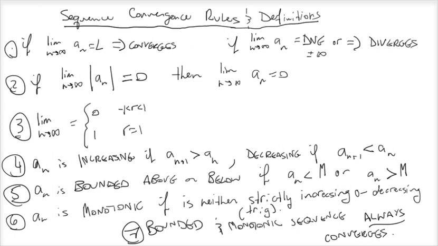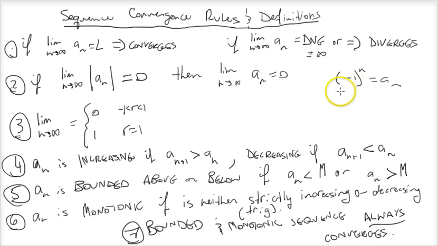So number 2, there are some sequences that are alternating, or just always negative. So you may have something like (-1)^n as your a_n, that's not always positive.